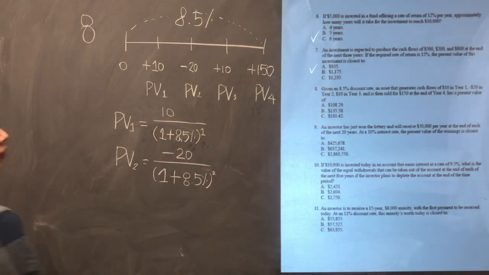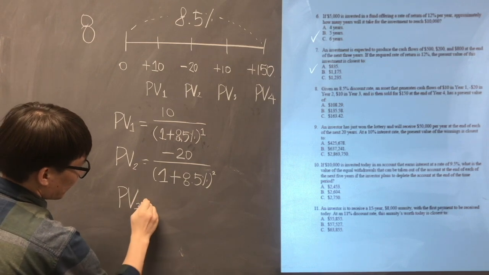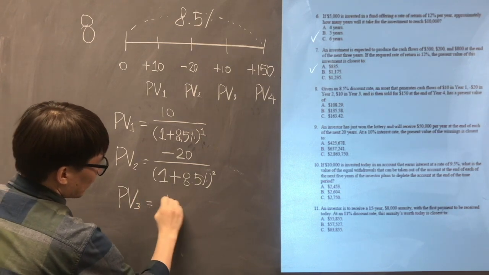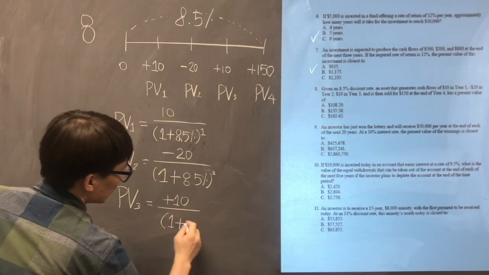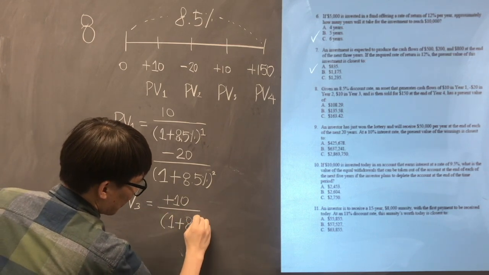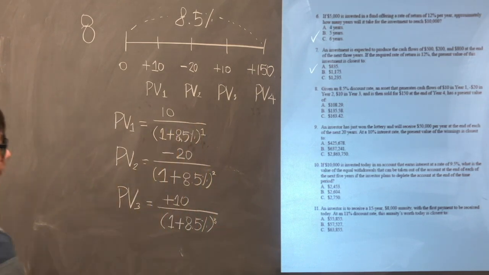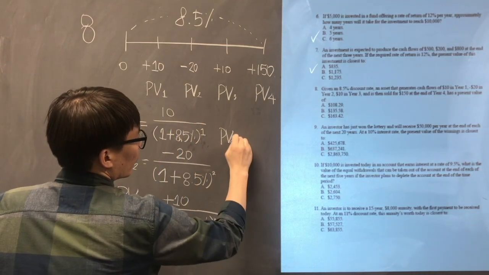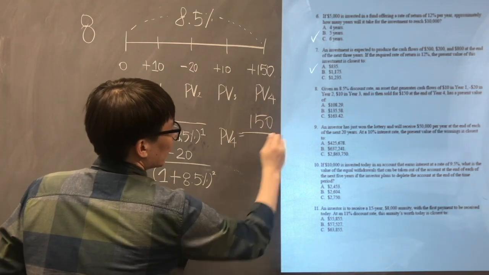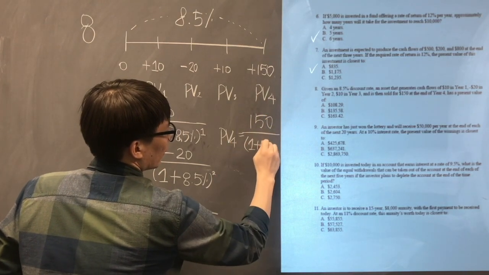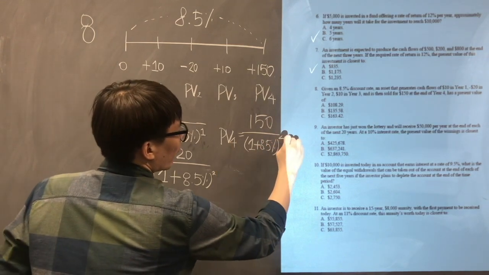Do we go so far? What is this one? PV3, plus 10 divided by 1 plus 8.5%, year 3. Last one here, year 4, 150 divided by 1 plus 8.5% and year 4.